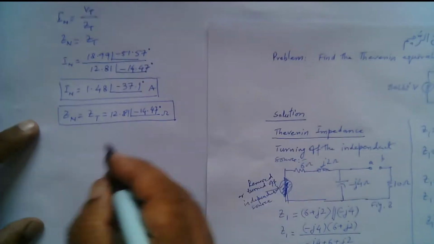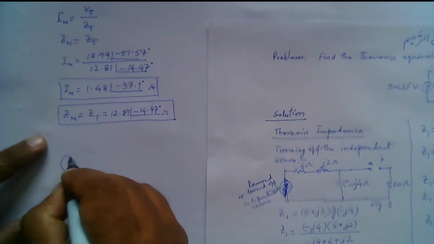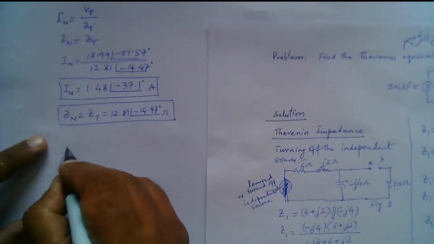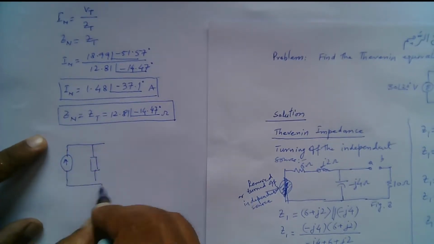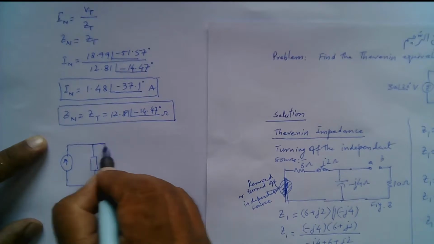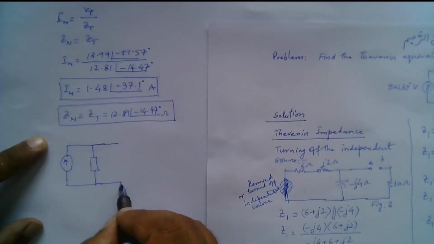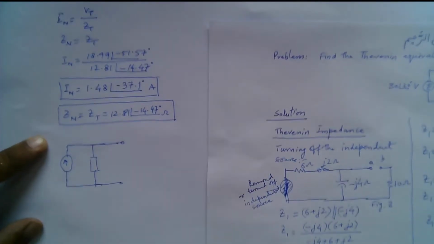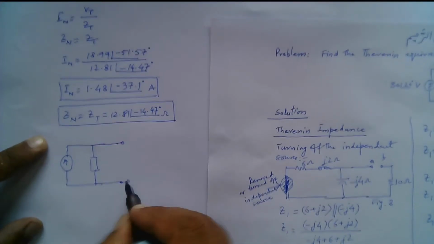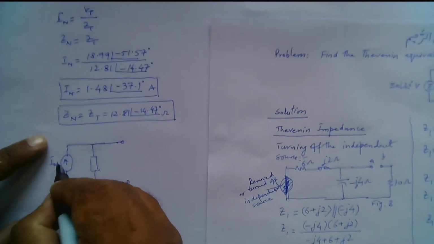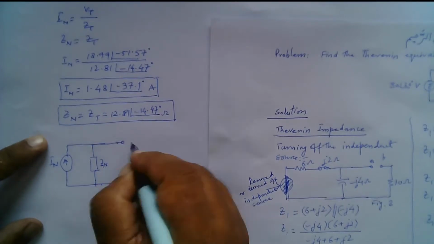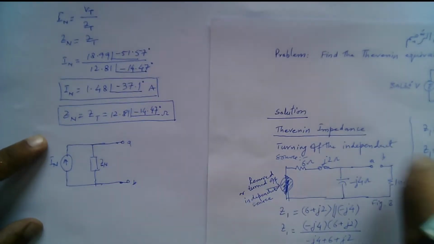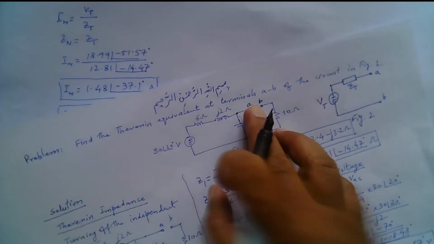So we can draw the Norton equivalent circuit also like this. Remember that whenever you are asked to find the Thevenin equivalent circuit or the Norton equivalent circuit, after finding the values, you must draw the circuit also. So this is I Norton here, and this is the Z Norton here, and these are the terminals A, B given in the original circuit.